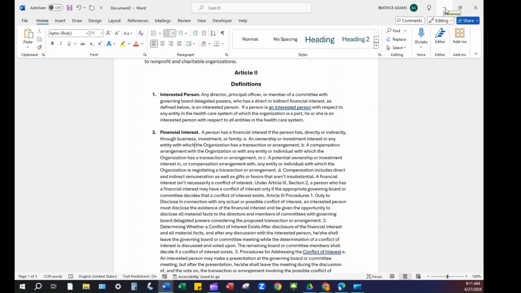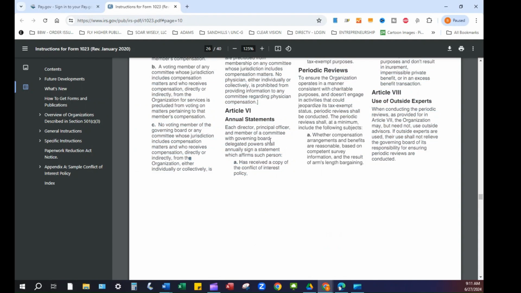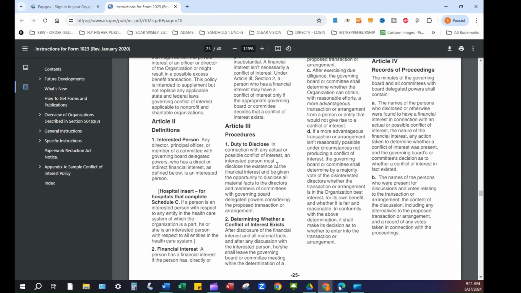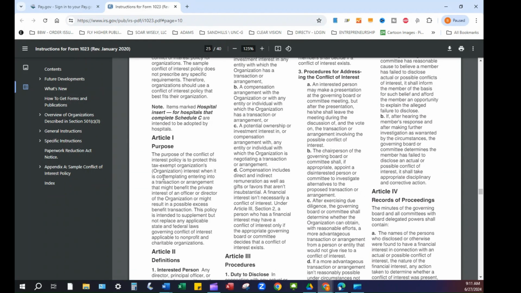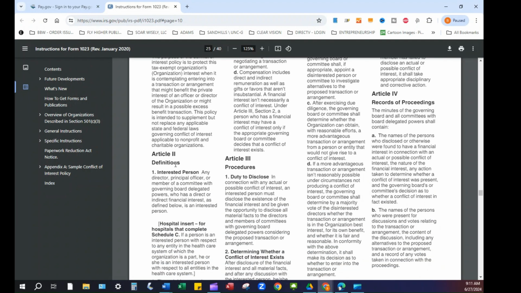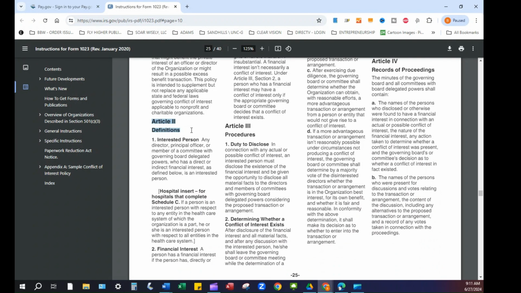Let's see if I can get there without switching out. There we go. So see, you'll see the layout of how everything should be. Article 1, purpose. Remember, that's pretty much how I did it right there. I just separated that and then let that ride there. Then Article 2 goes into definitions. All right.